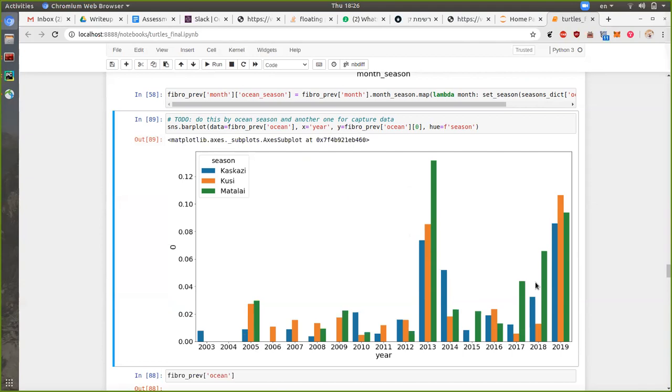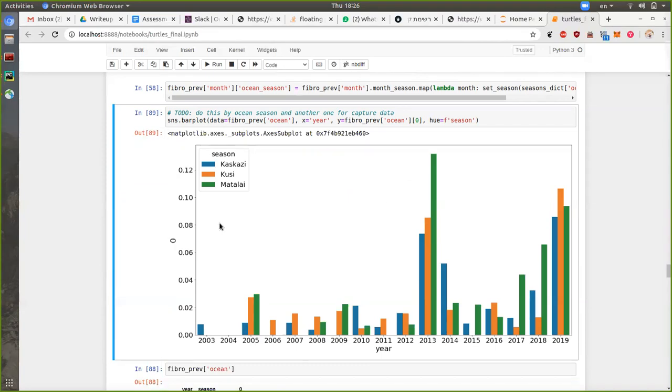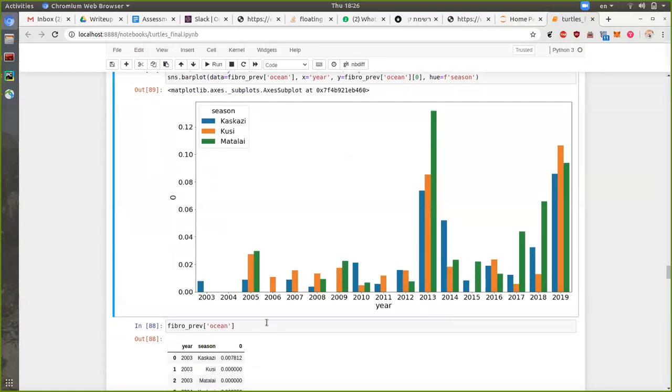We can use this graph and just say, Matalai seems to be... is there a way we can get an overall prevalence for each season? Like you write it there, mean prevalence for Kaskazi equals point something something, for Kusi equals point something something. Sure. And then we can describe it in the results and say the highest prevalence by season was in this season.